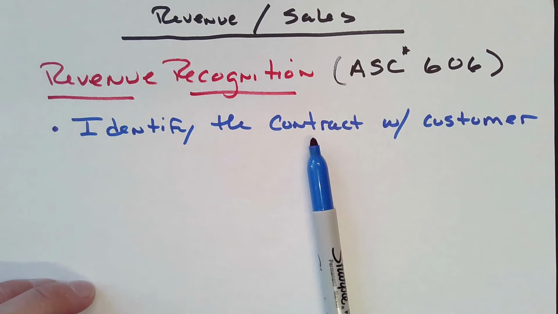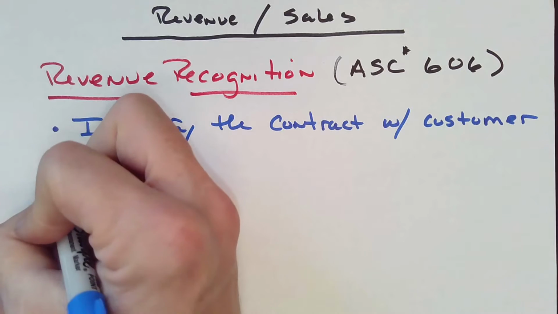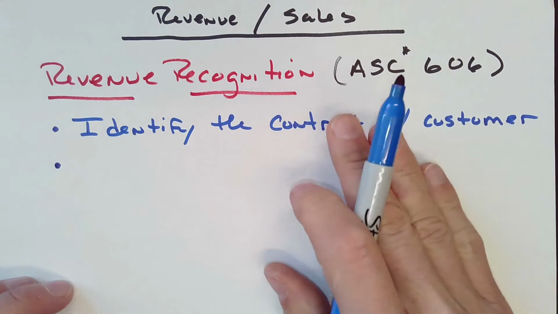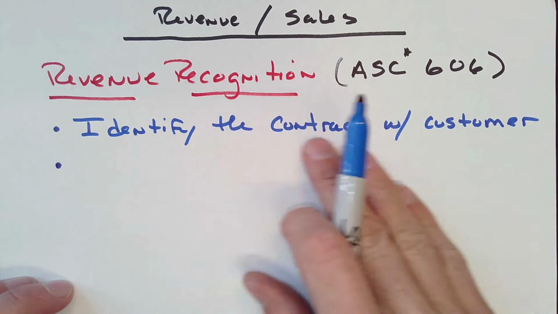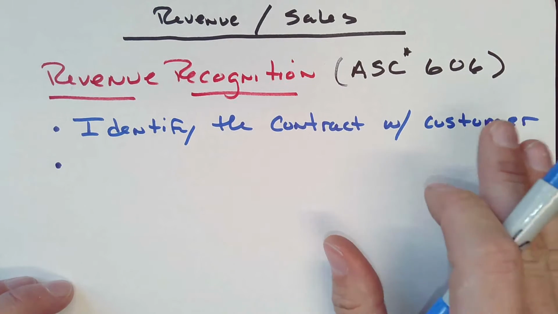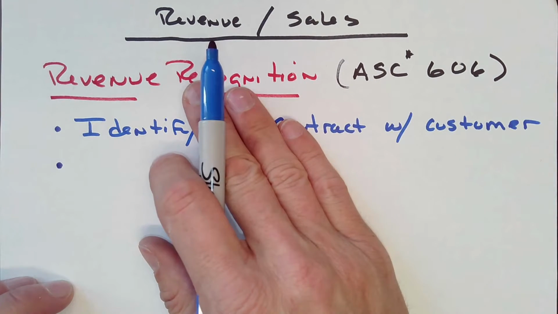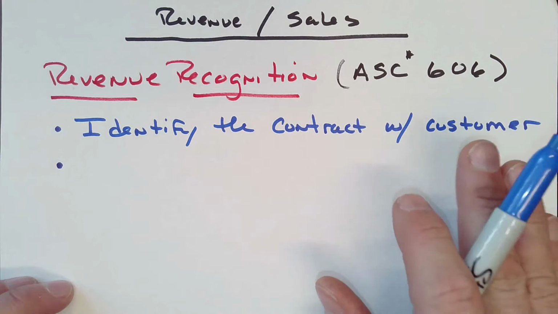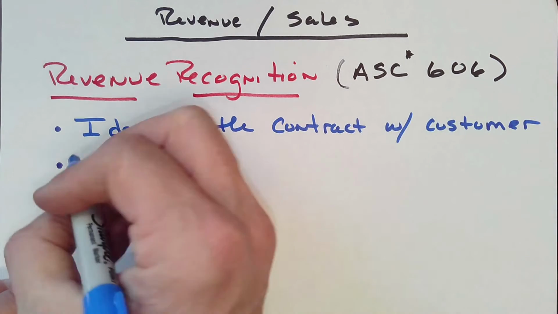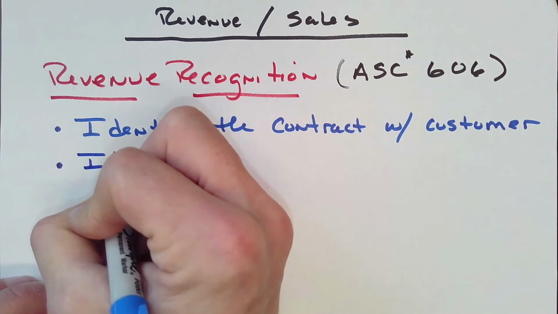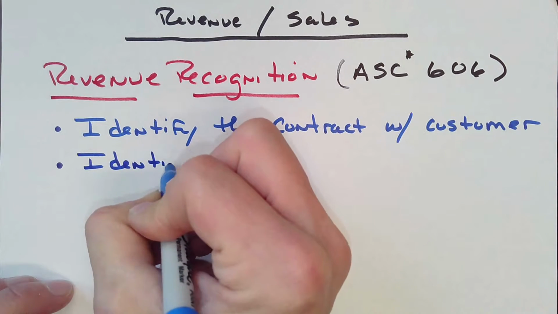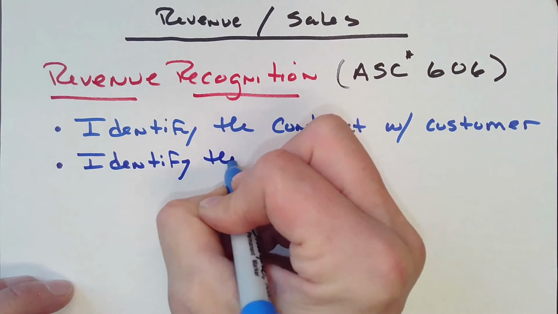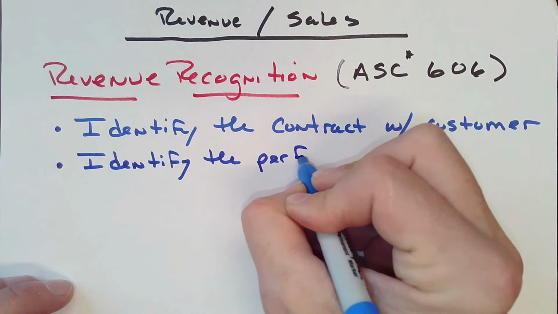Within that contract, we need to identify the performance obligation. So what do I have to do as the vendor, as the business, to satisfy the customer? What are my performance obligations? So I have to identify the performance obligations.